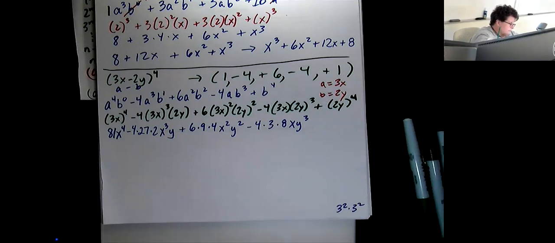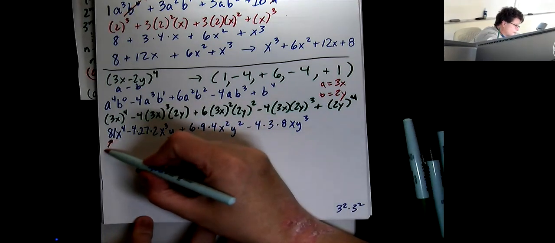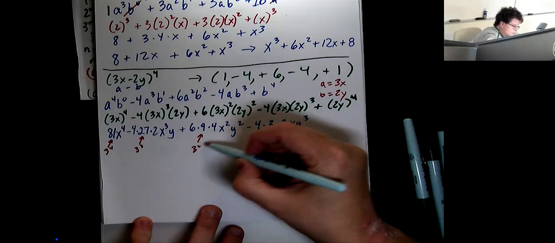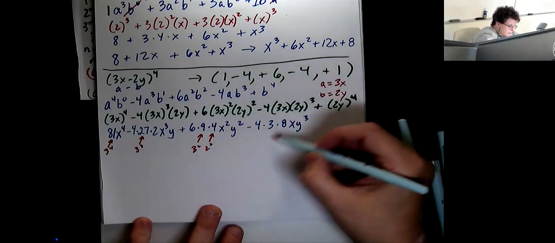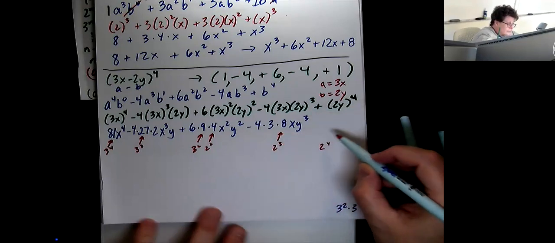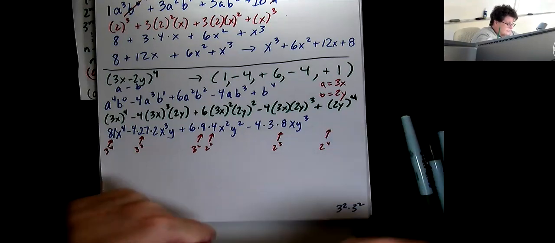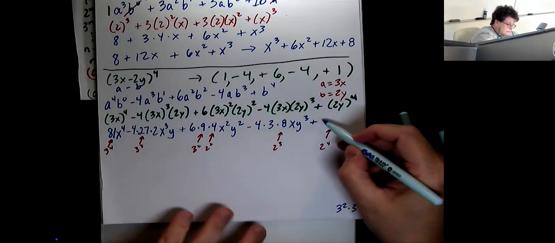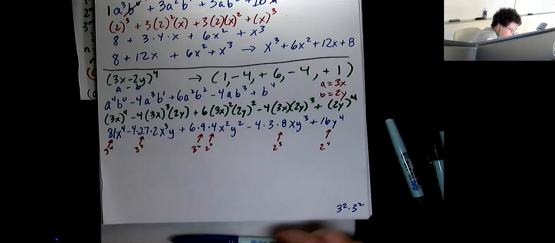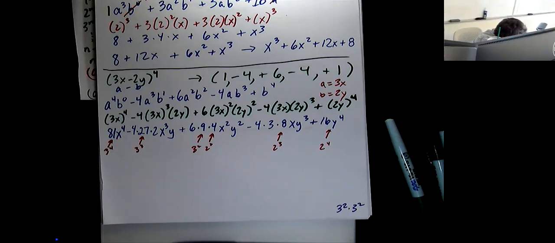So maybe I'll write underneath it where it came from. This is 3 to the 4th. That's 3 cubed. 3 squared and 2 squared. And then 2 cubed. Finally, we have 2 to the 4th over here. That's going to give us a 16. Okay, 4 times 27 is like 4 times 25 plus 4 times 2, which is 108.